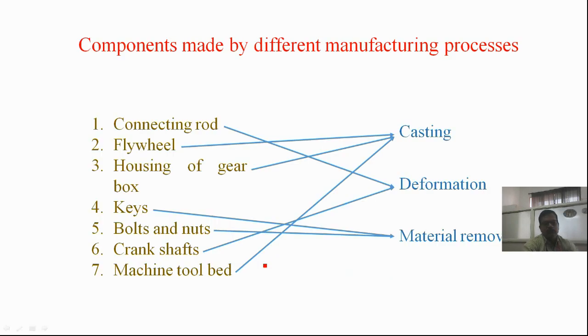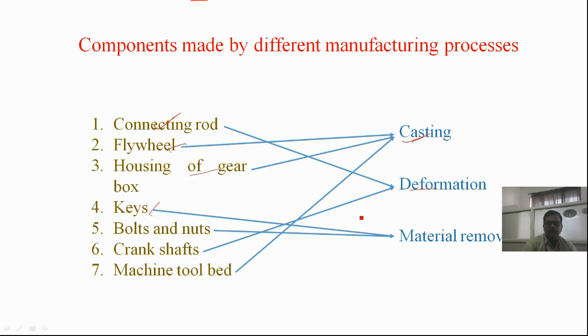Here you can see key components in engineering applications and how they are made. First we start with the connecting rod. The connecting rod can be manufactured by forging, the deformation, the flywheel can be manufactured by casting, and the housing of the gearbox can also be manufactured by casting.